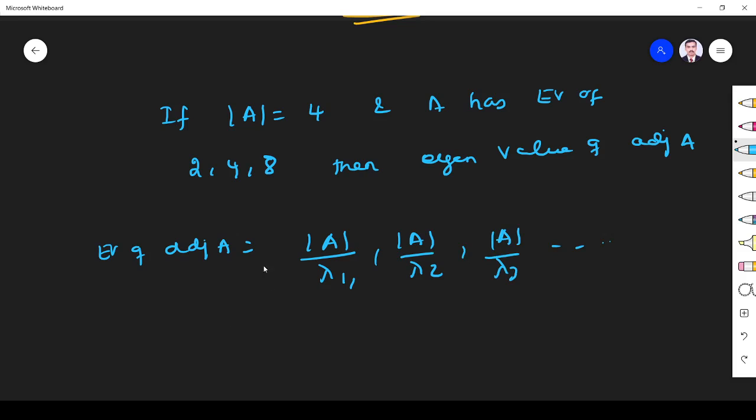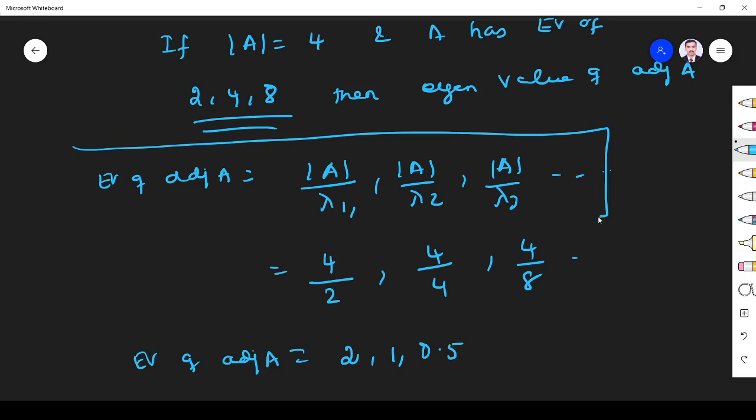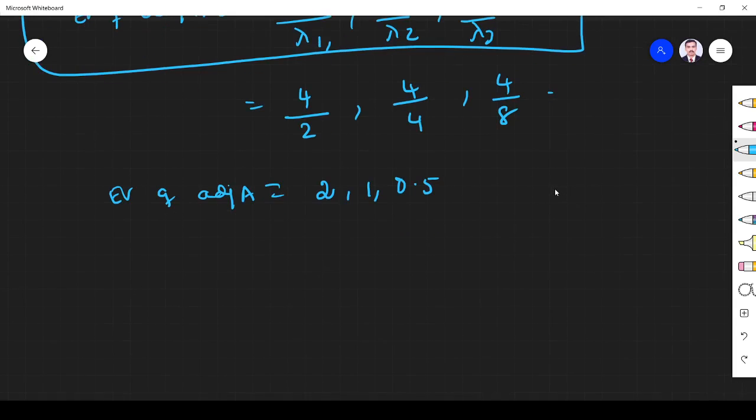Here determinant A is 4, so 4 by 2, 4 by 4, 4 by 8. So A has eigenvalues 2, 4, 8, which means adjoint A has eigenvalues 2, 1, 0.5, like that we can say. So the property is: eigenvalues of adj A are mod A by each eigenvalue. Okay, next.